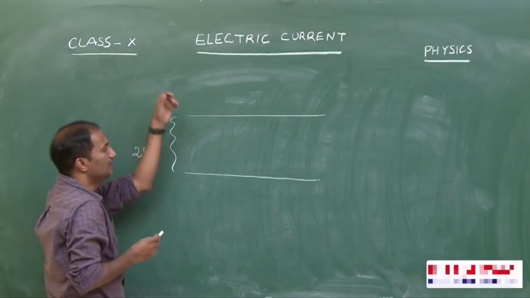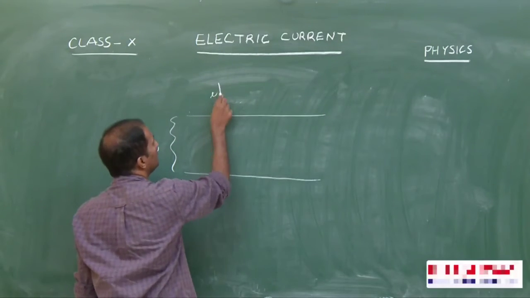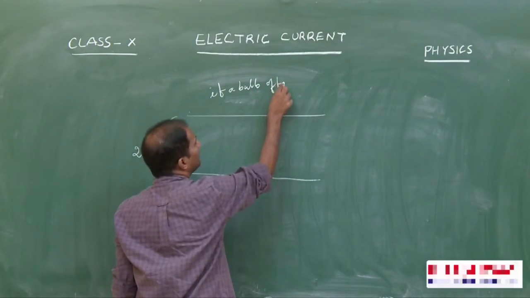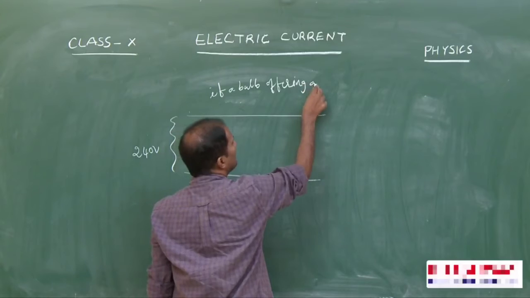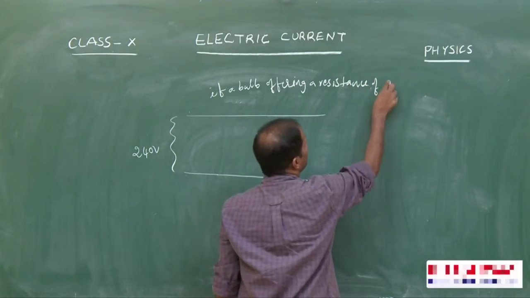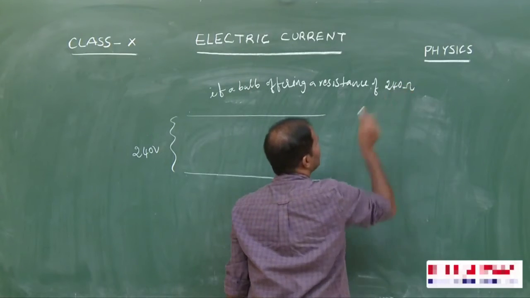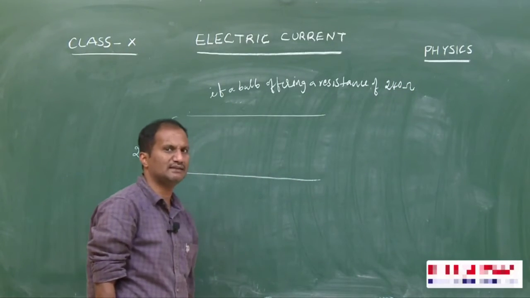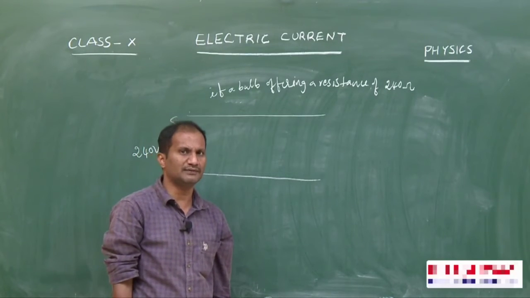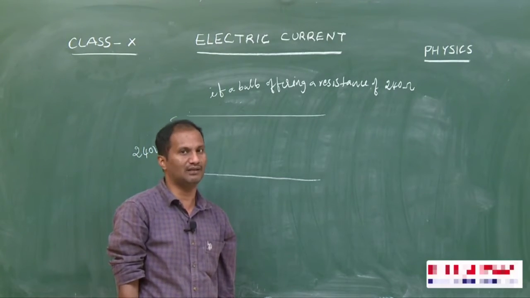Suppose a bulb is offering a resistance of 240 ohms. Now we are going to calculate the amount of electric current drawn by that bulb.